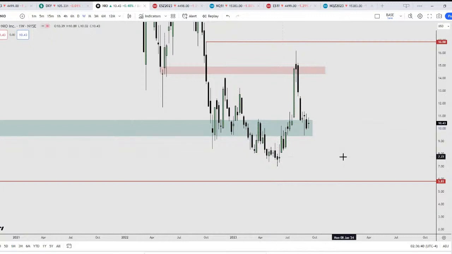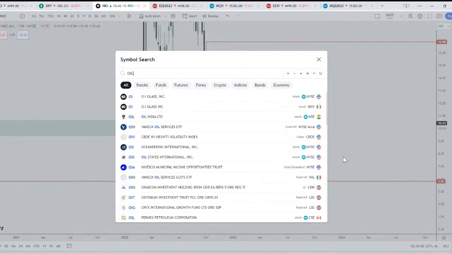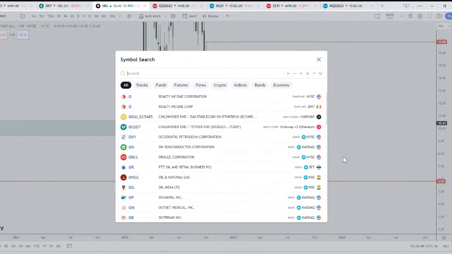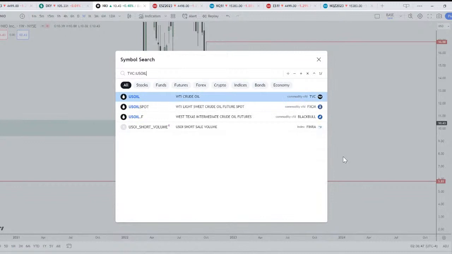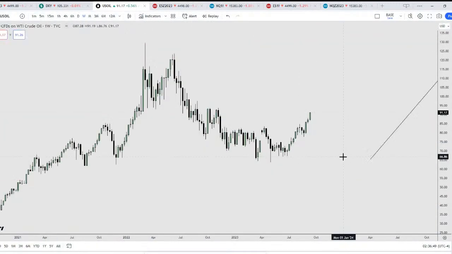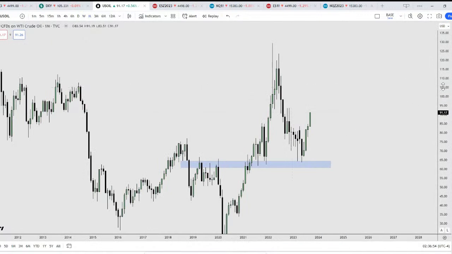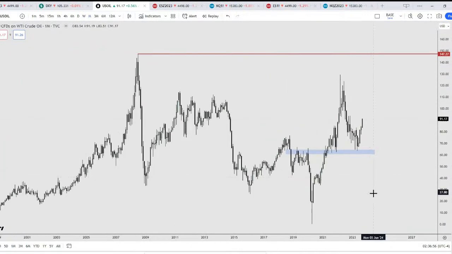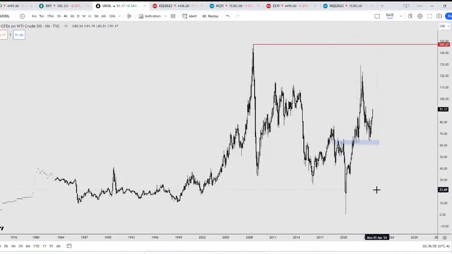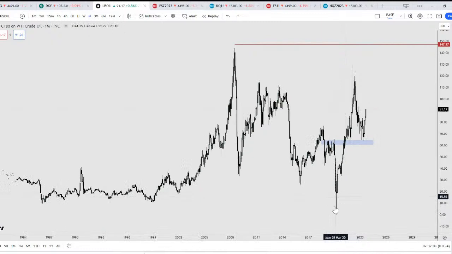Okay, so lastly, what I really want to cover is oil, US oil, on the monthly chart. You can see right here, for this candle, it took out the lows of this entire consolidation for oil.